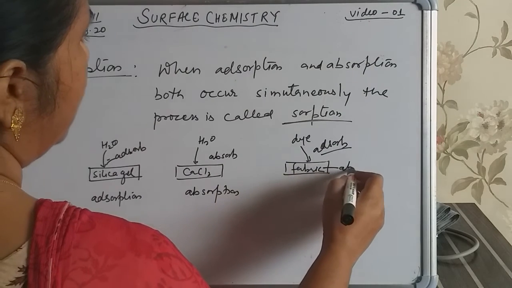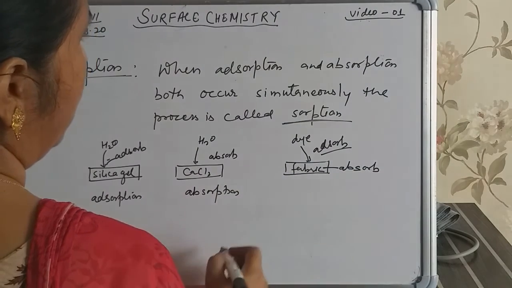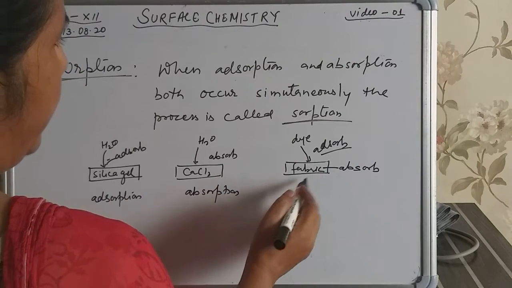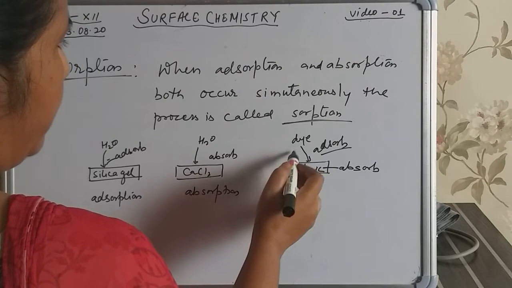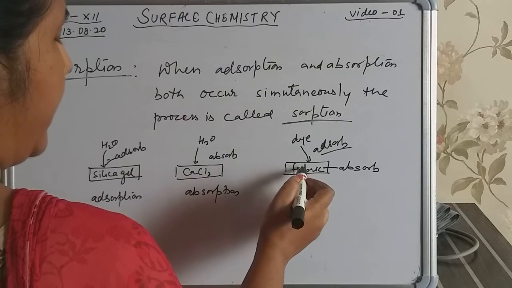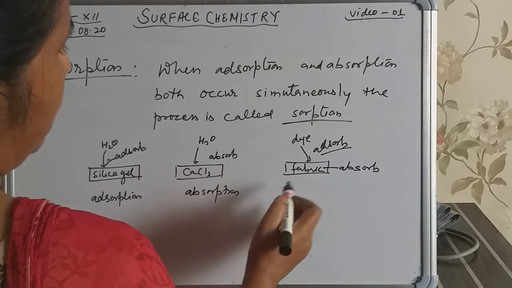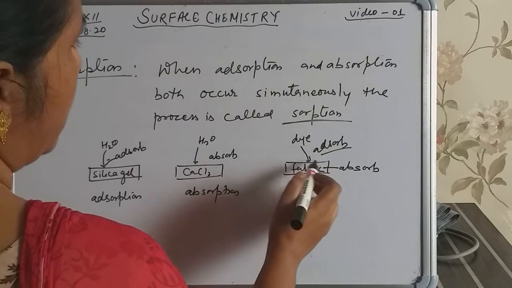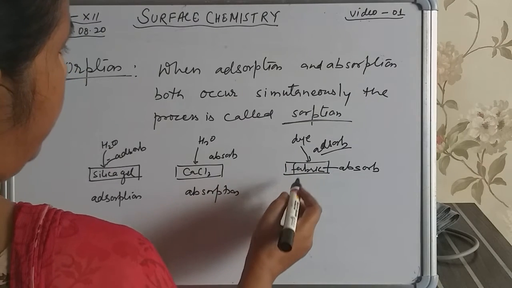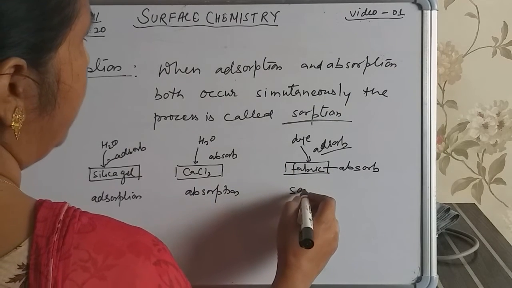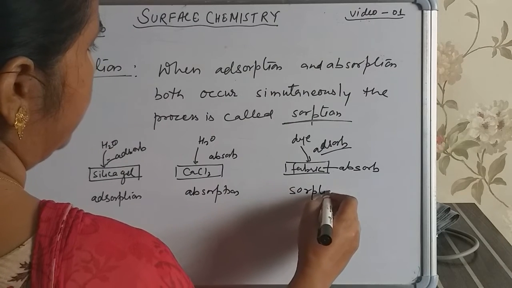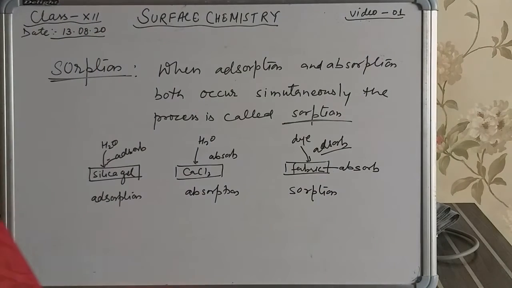So this is called absorption. Both phenomena take place: adsorption at the surface, and the dye is also present in the bulk of the fabric. So both processes take place in this fabric. So this is an example of sorption. This is the simple difference between adsorption, absorption and sorption.